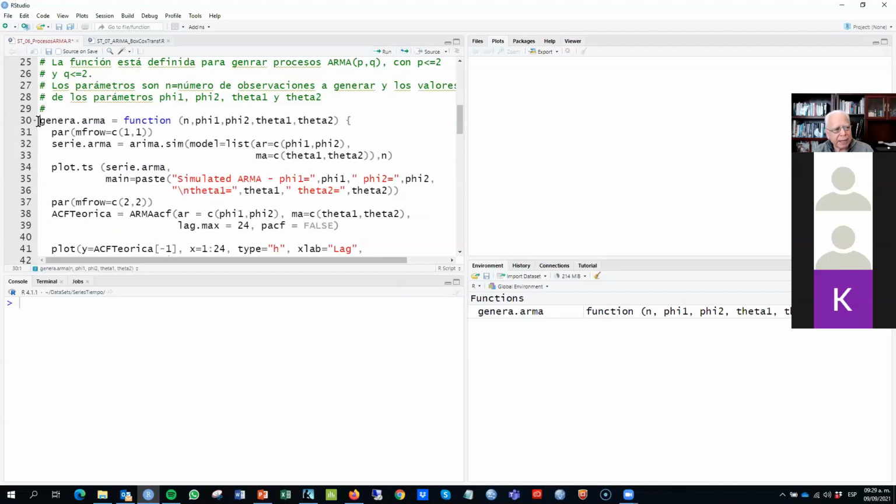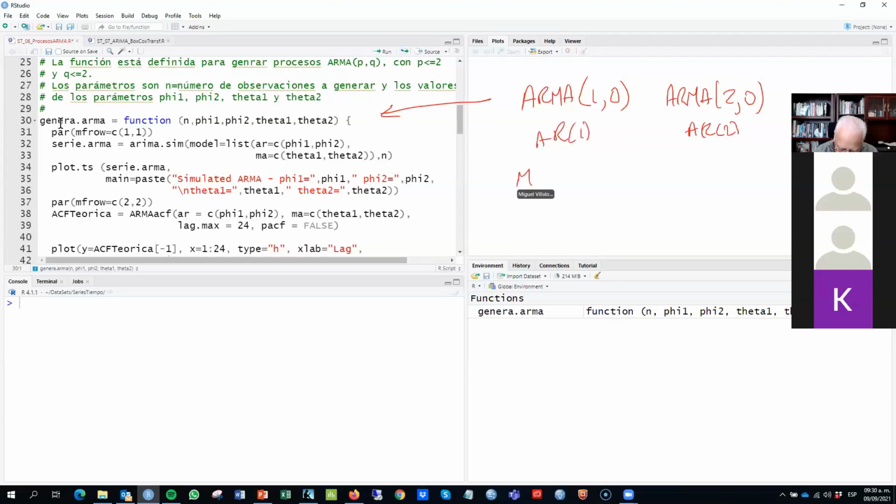Remember that in this script I created a function to generate time series from models of order ARMA(1,0), which is an autoregressive order 1, ARMA(2,0), which is an AR2, and so on.